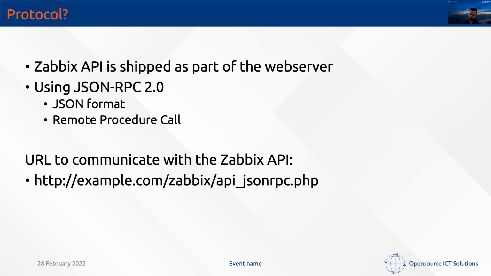Zabbix is always trying to focus on this openness and customizability, and having a good and solid working API is a big part of that. The communication with the API is completely done in JSON-RPC 2.0. So it's a JSON format remote procedure call. The URL can always be found at whatever our Zabbix URL is, /zabbix most of the time, and then /api_jsonrpc.php. And on Nginx, you might find that /zabbix is actually not present.